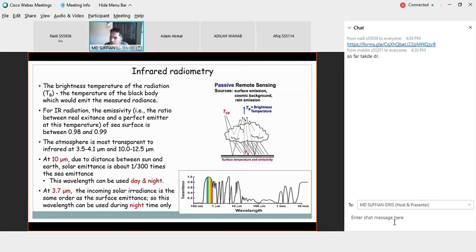So for infrared radiation, the emissivity is the ratio between real exitance. Real exitance bermaksud berapa banyak infrared radiance yang dipancarkan oleh objek, berbanding dengan perfect emitter at this temperature, based on Wien displacement law.